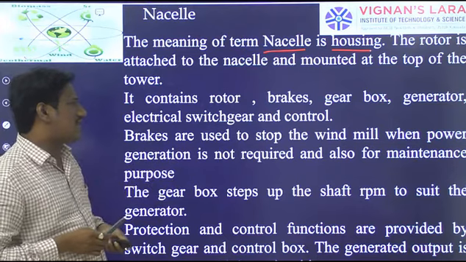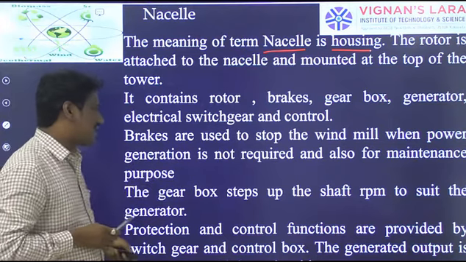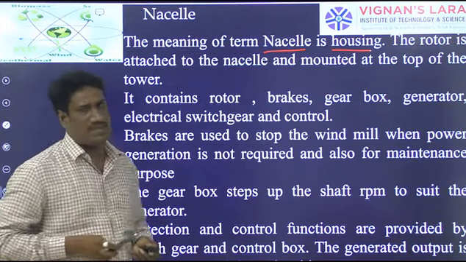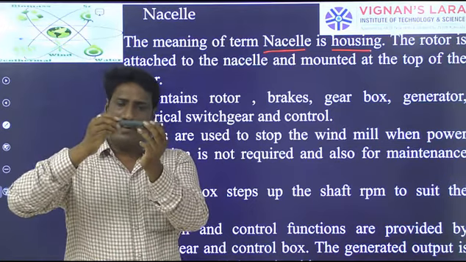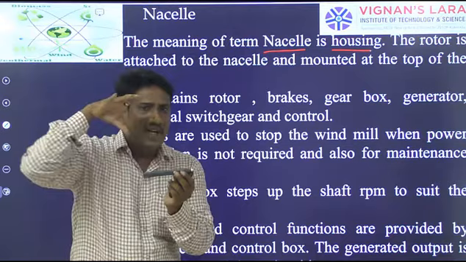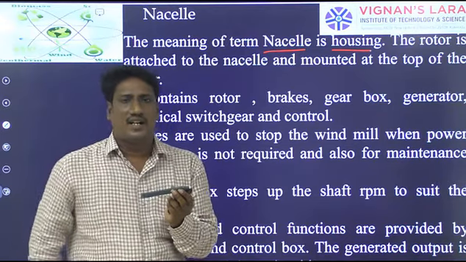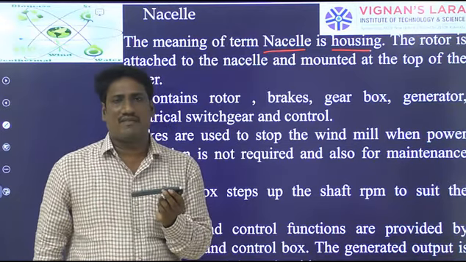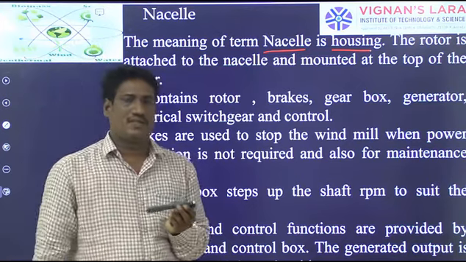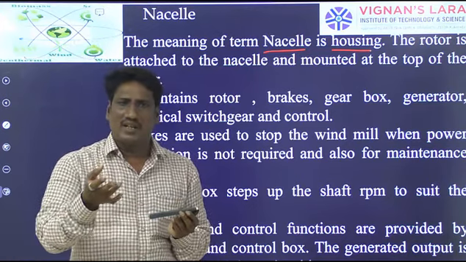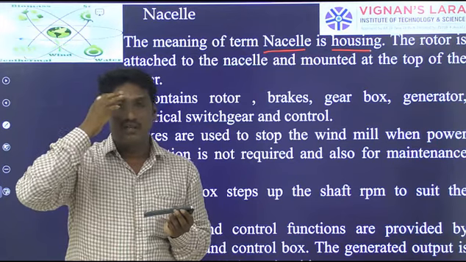Brakes are used to stop the windmill when power generation is not required, and also for maintenance purposes. Since the same shaft is used, if you want to stop power generation, brakes will be applied on the shaft. If very low wind is coming, then low quality power will come, so you have to stop it.